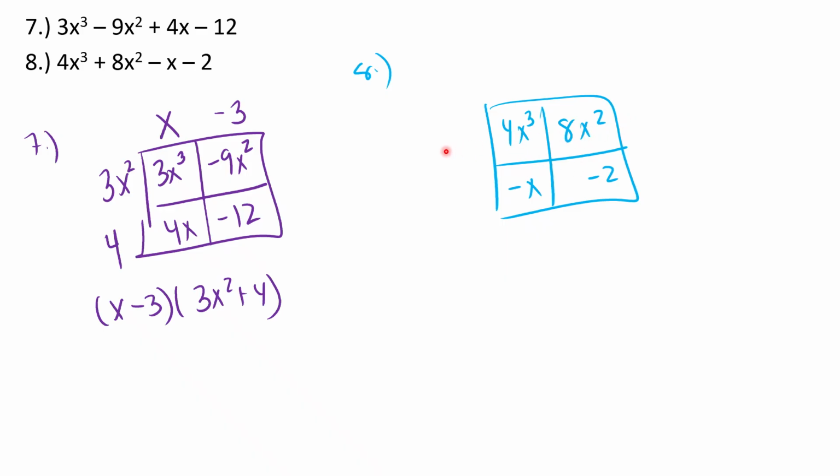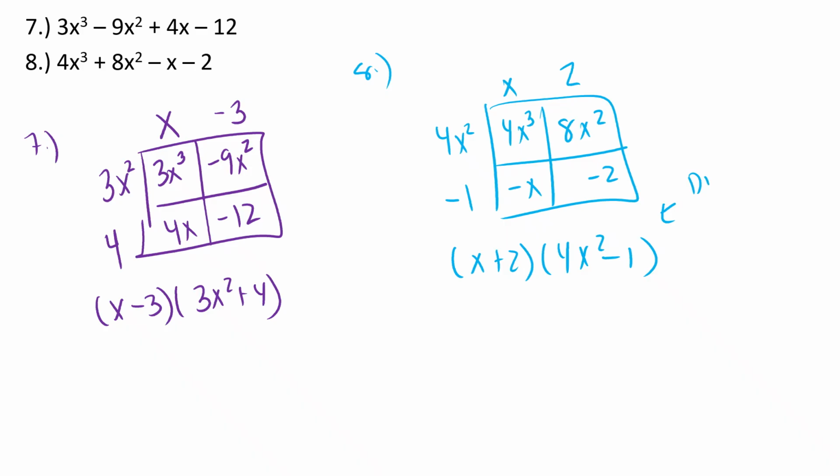I kind of like this way because I don't like the negative. So GCF there is 4x squared, which makes that the x, which makes that a 2. This must be a -1, and 2 times -1 is -2. So my base is x plus 2, and my height is 4x squared minus 1.